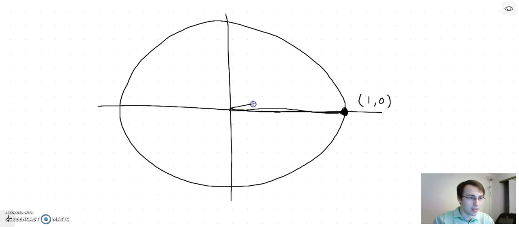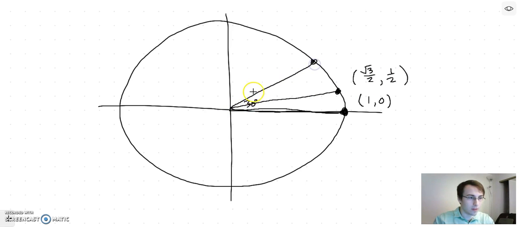Now the next one is 30 degrees. At 30 degrees, our point is root 3 over 2, comma 1/2. So cos of 30 degrees is root 3 over 2, sine of 30 degrees is 1/2.